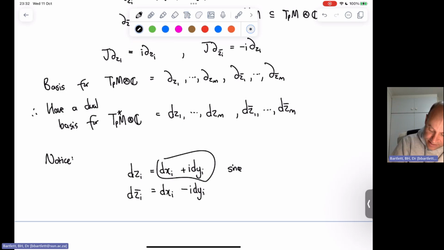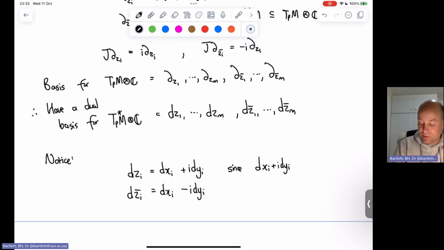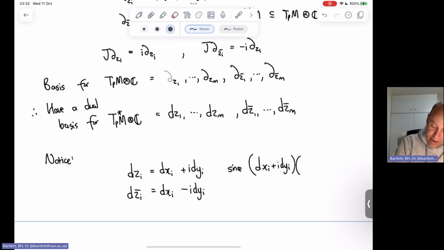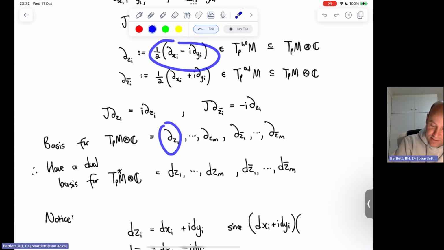If I take this thing here, which is clearly a vector in the complexification of the dual space, and I feed it this vector here, by definition, this vector is this vector here.